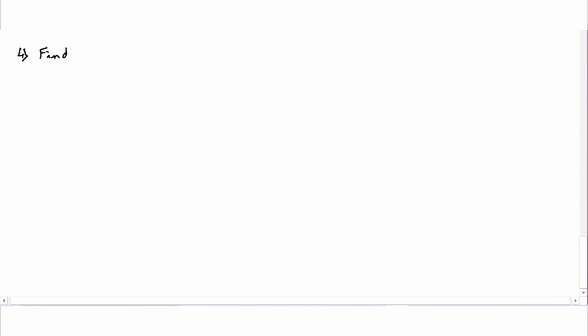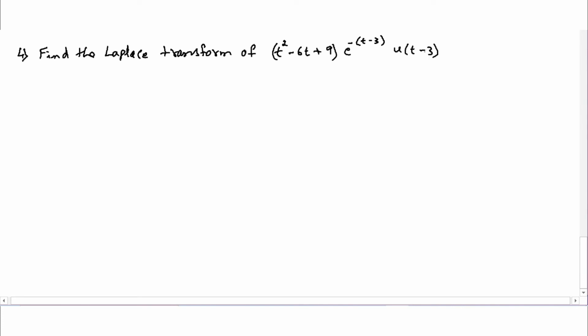Find the Laplace transform of the function, which is t square minus 6t plus 9 times e power of minus t minus 3 into u of t minus 3.